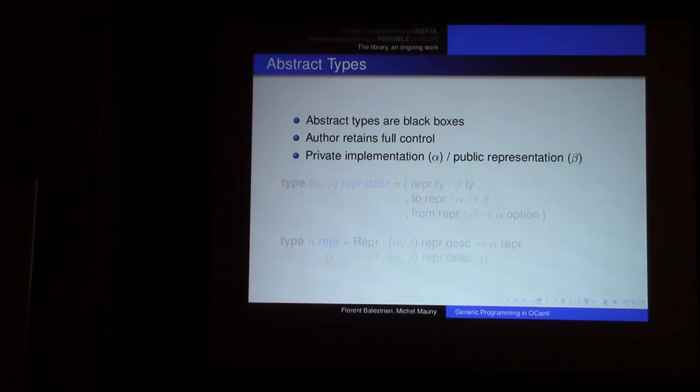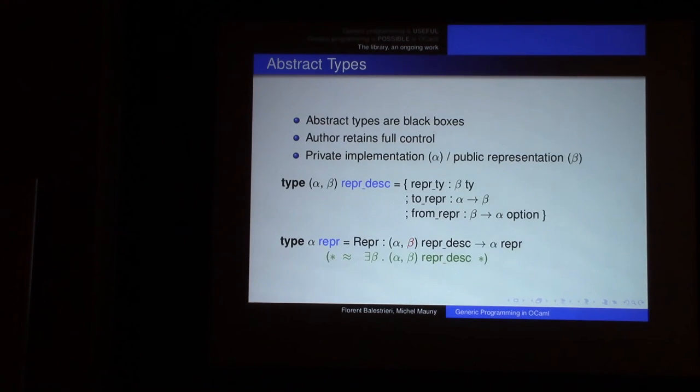I want to say a few things about how we deal with abstract types in this generic programming library. To avoid breaking abstraction, the only way an abstract type is supported is if the module that exports this type also exports a public representation on which the generic functions will be run.